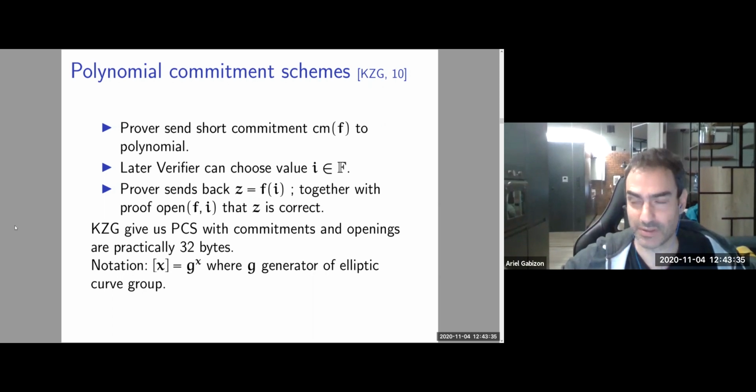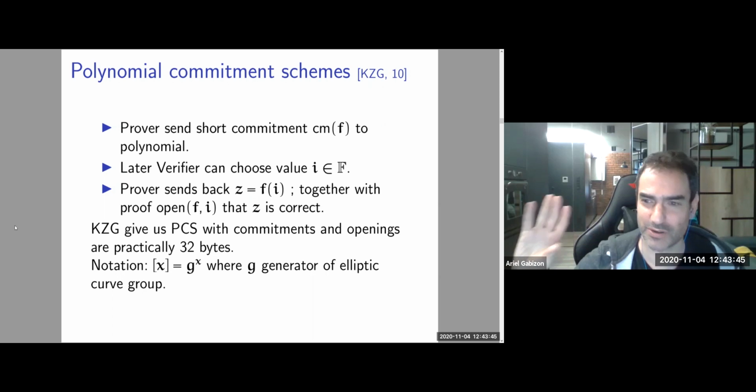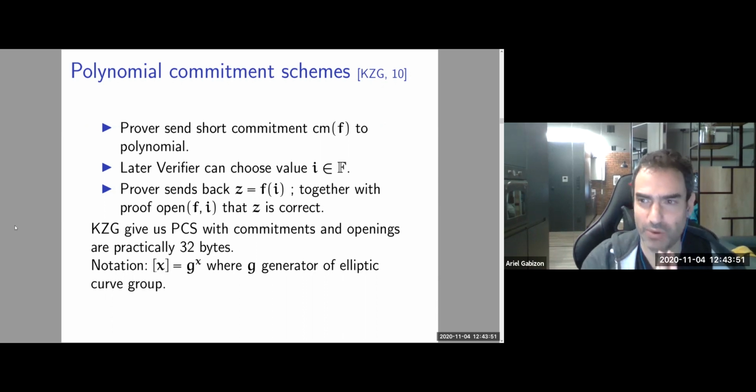There is some theoretical bound, but for any degree that will ever come up in practice, a million, a billion, the openings and commitments are 32 bytes. So I want to give you a short exposition of what this polynomial commitment scheme looks like.